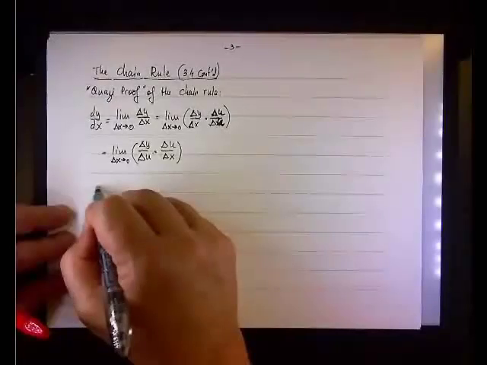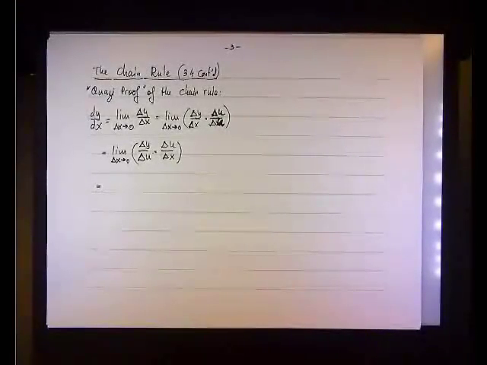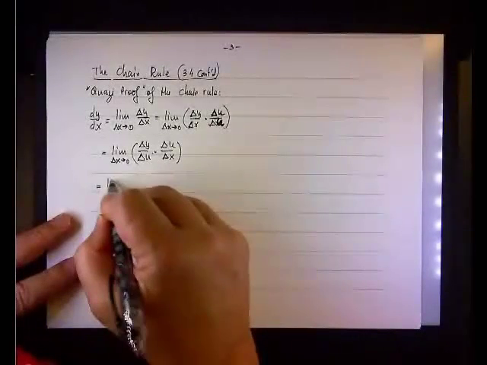Next, I'll use the property that the limit of a product is the product of the limits. You remember that? That's one of the early limit laws. So we have the limit of a product, which is the product of the limits.